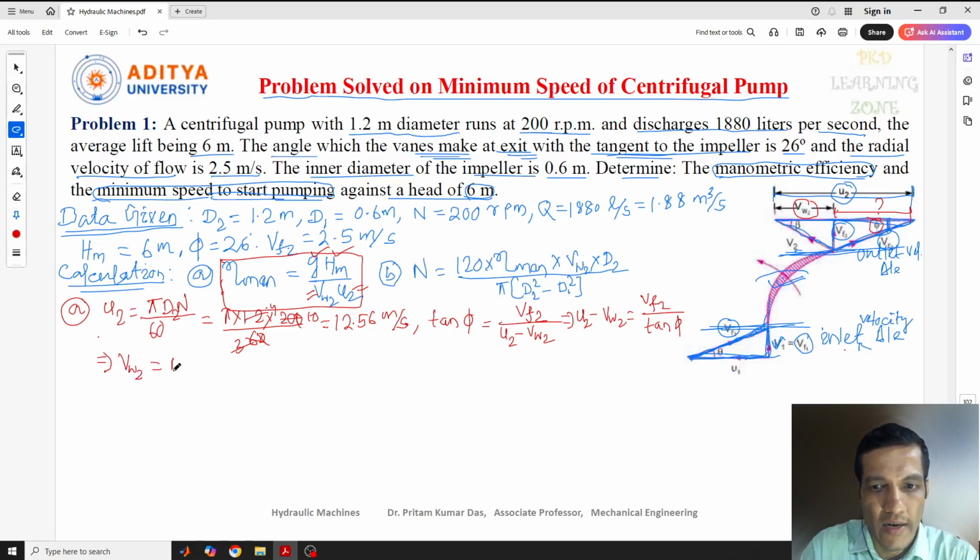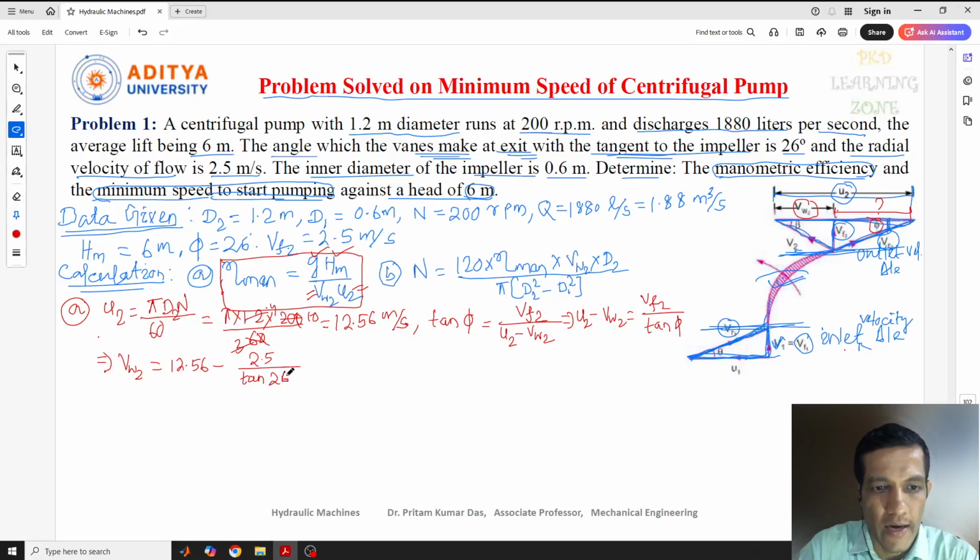The U2 value we already calculated, that is 12.56, minus VF2, given as 2.5, divided by tan 26 degrees.